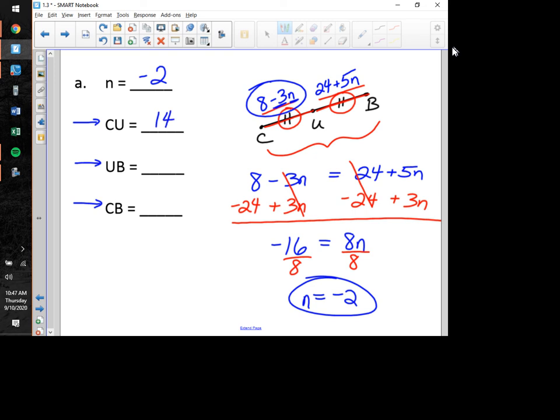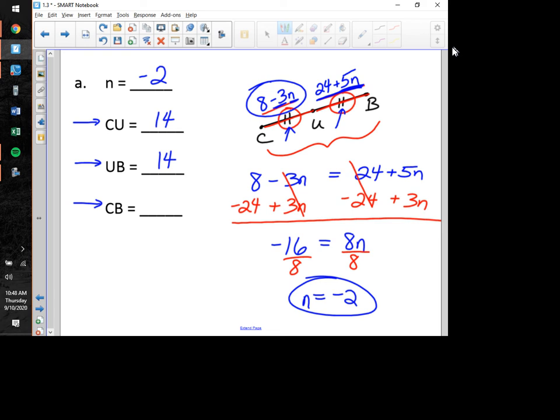Now UB: 5 times negative 2 is negative 10, and 24 plus negative 10, or 24 minus 10, is 14 also. That makes me feel really good about this answer, guys, because of the tick marks that we saw here and here telling me that these two segments should be congruent.